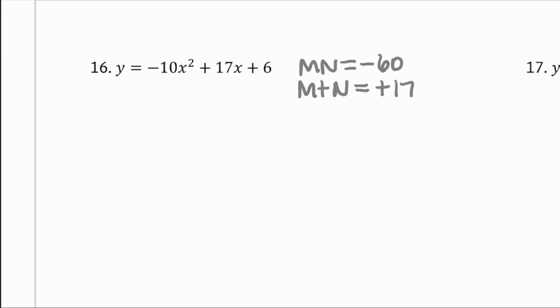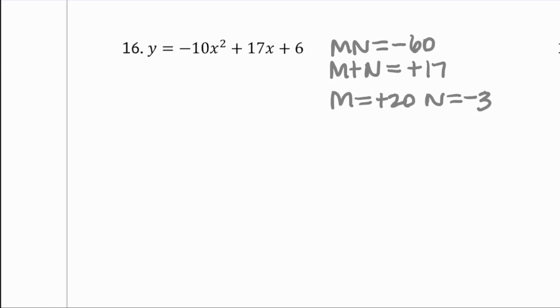Okay, I was thinking 12 and 5 again, and I was like, did I type this up wrong? But no, I'm thinking 20 and 3, so m equals positive 20, n equals negative 3. Yeah, that'll work for us. So I'm going to split this 17x up into positive 20x and negative 3x.